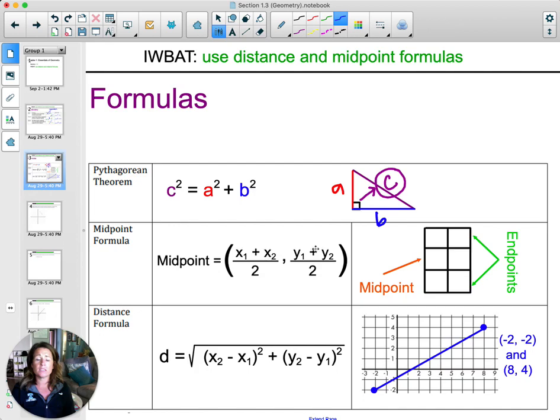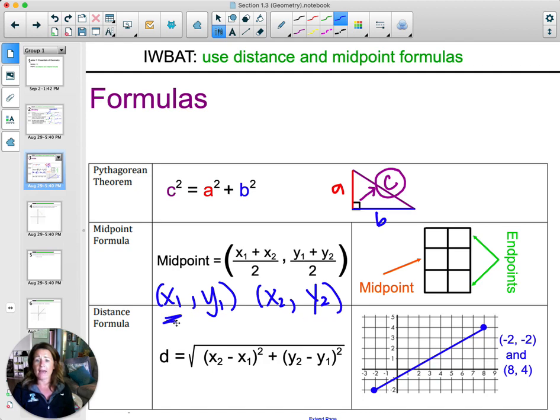Midpoint formula, so if you are given just 2 points, okay, so two ordered pairs like you see down here, -2, 2, and 8, 4. If you're looking for the midpoint, this is the midpoint formula, okay? So you're going to have 2 points labeled, and you're going to have your first x coordinate, your first y coordinate, and your second x coordinate and your second y coordinate, whatever they are.